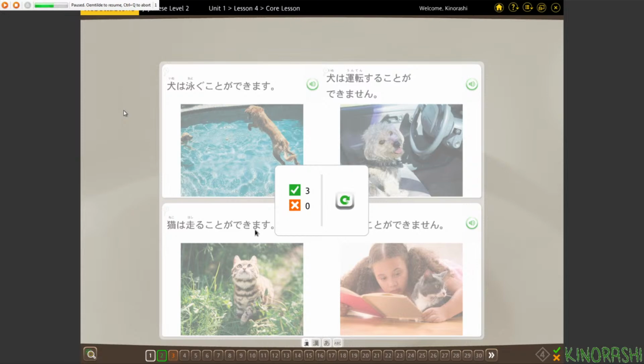Dekimasu. Japanese to English. The formal form of koto ga dekiru is koto ga dekimasu.